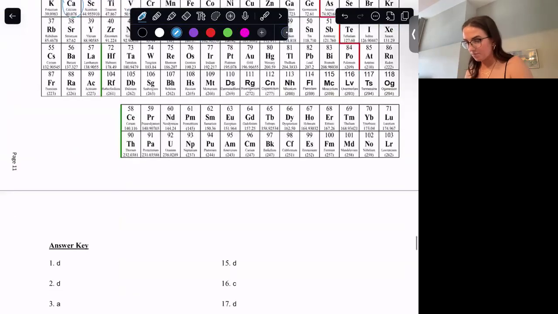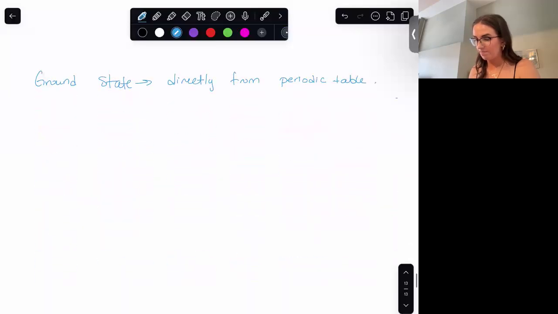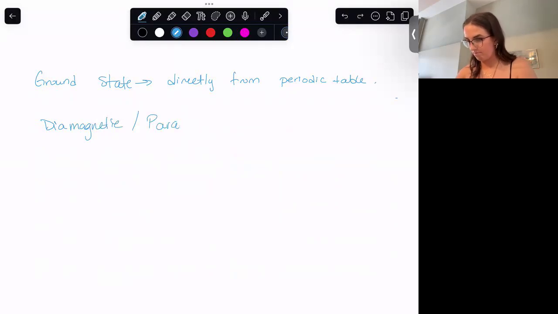Yep, absolutely. So when we look at something like diamagnetic and paramagnetic, which one has a magnetic field, a diamagnetic field or a paramagnetic field?